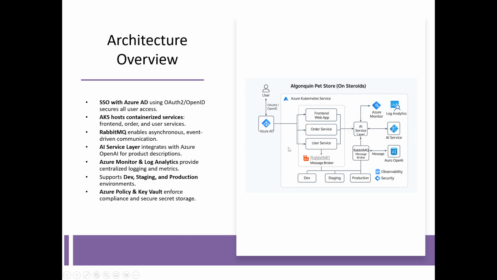So this is my architecture overview. First of all, the system is a cloud native microservice application deployed on Azure Kubernetes Service. This we know because we have worked on the Algonquin Pet Store.